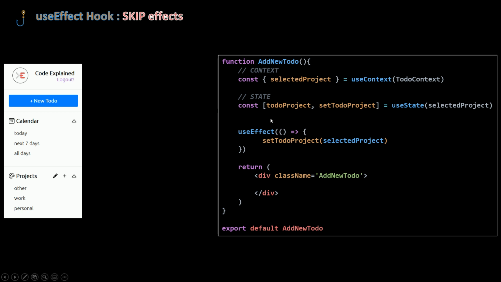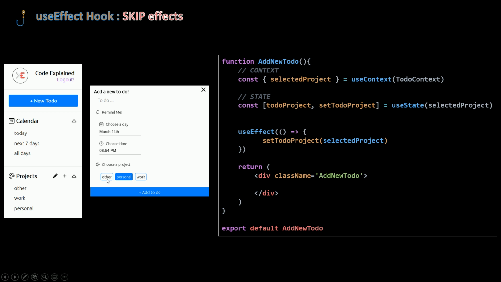That's good. But now when you try to select other, it's not going to work like we've seen. Why? Because we change other using setToDoProject from our to-do form, if you remember. So we set to-do project to other. Now the to-do project has been changed, which means this will cause a re-render.